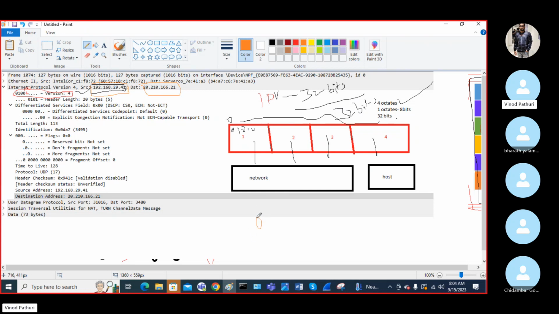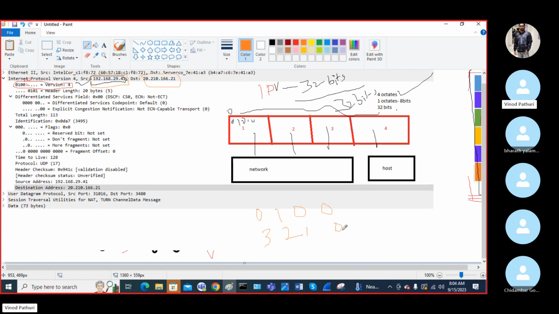0100. You guys know how to calculate the binary values? Just let me tell you, 0010, right? So it is 0, 1, 2, 3. All the binary values can be calculated by using the 2 power value. That means 2 power 0, 2 power 1, 2 power 2, and 2 power 3.